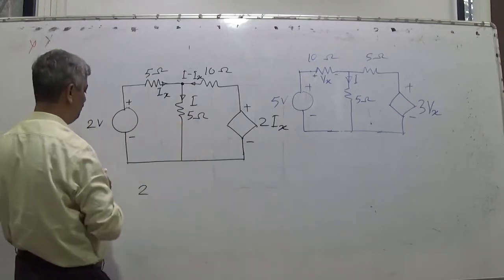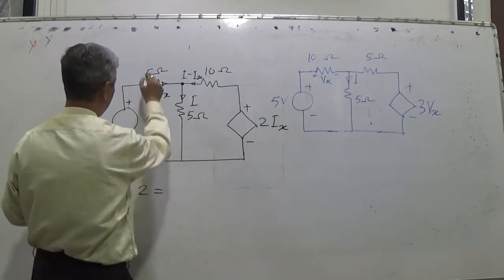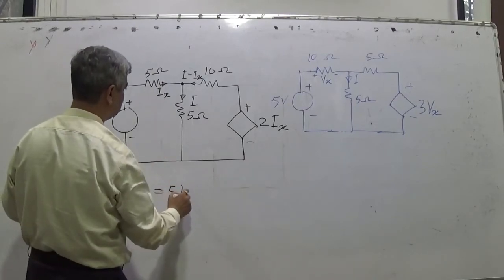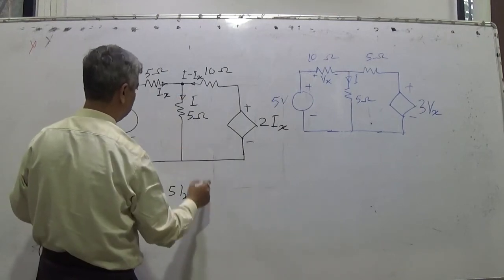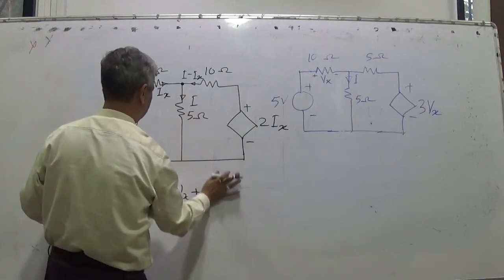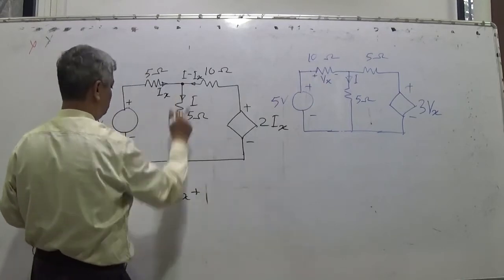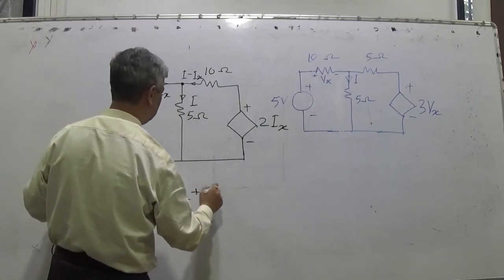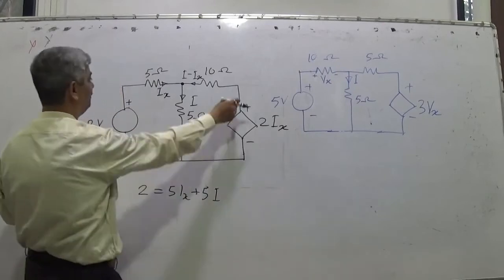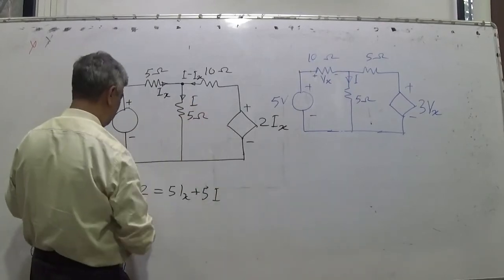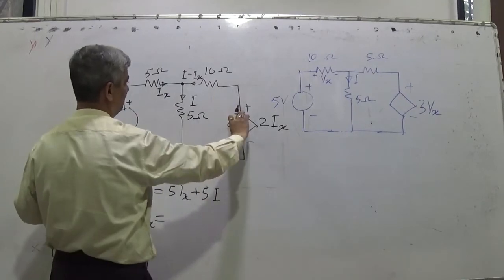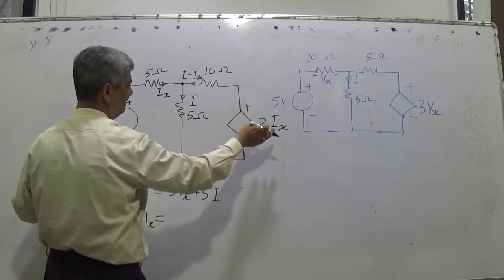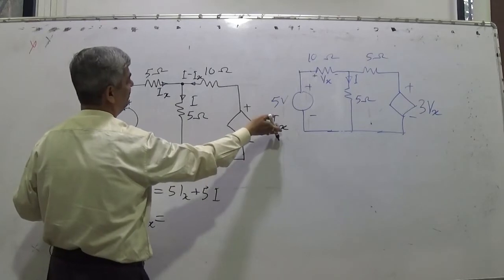So for this loop, 2 is equal to 5Ix plus 5I. And for this loop, it is simple. 2Ix is the voltage source. There is no need for you to see what it is.